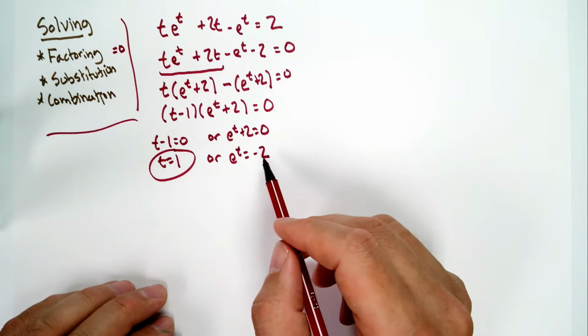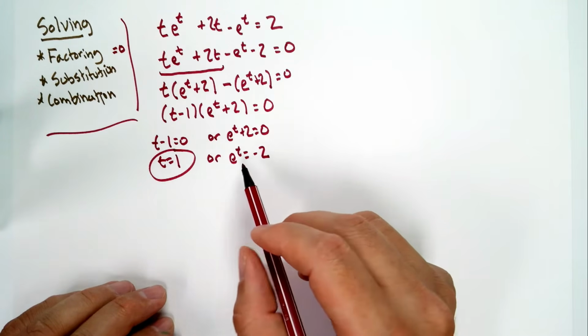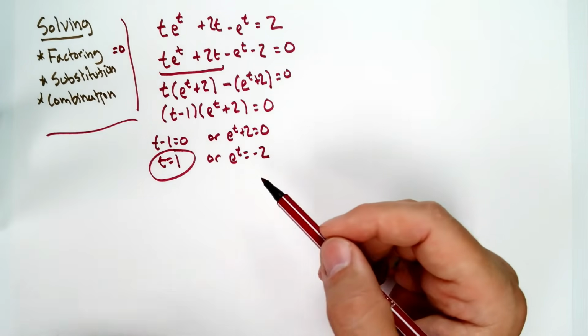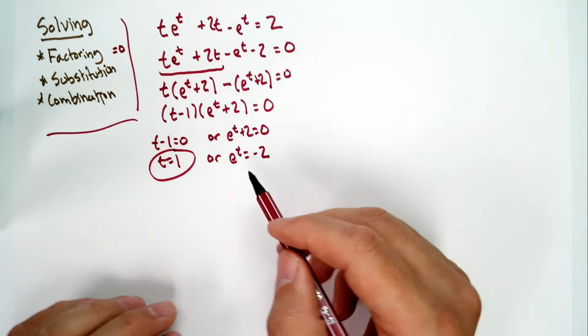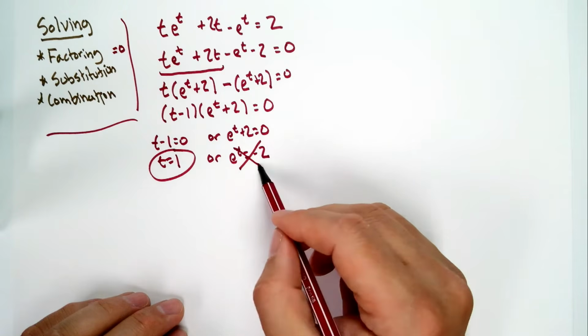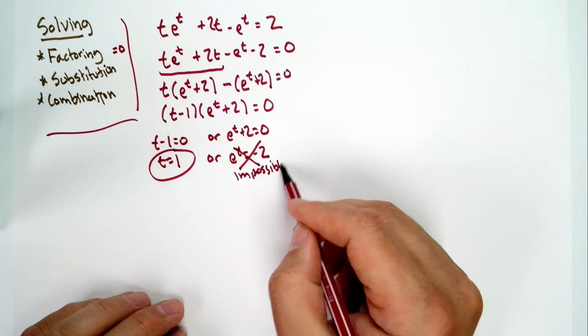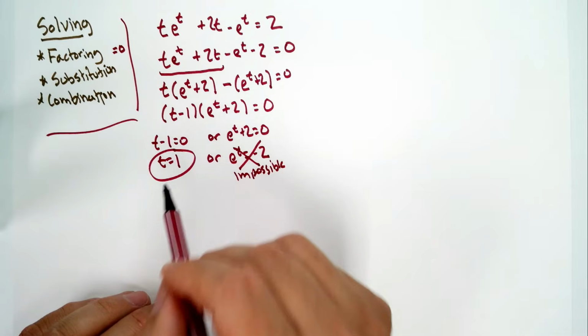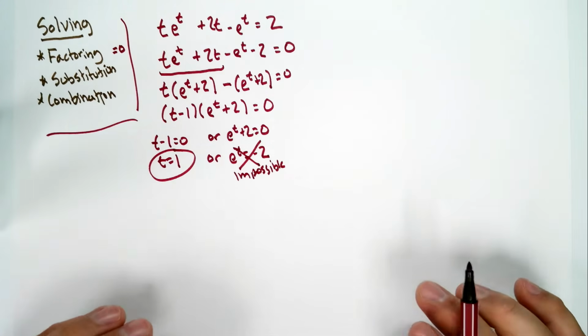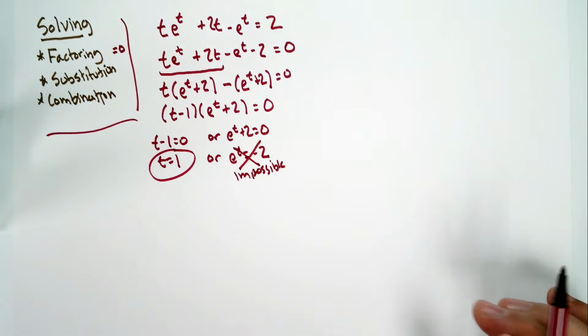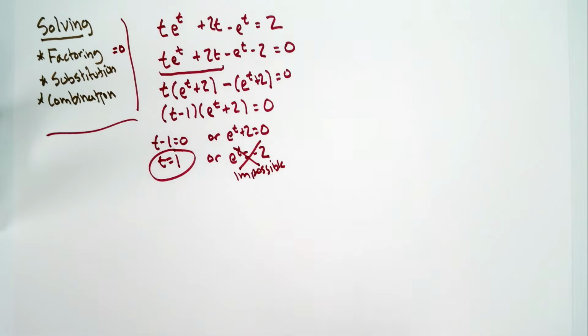How about e to the t equals negative 2? Well, can e to something ever be negative? And the answer is no. This is impossible. So that means that this one actually only has one solution, t equals 1. So it is possible that maybe you get one solution, maybe you get more than one solution.